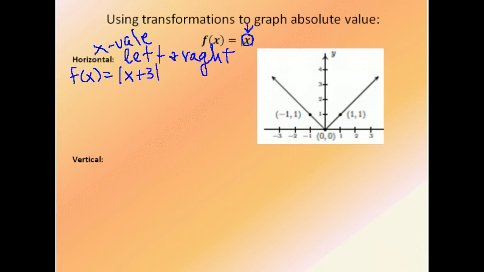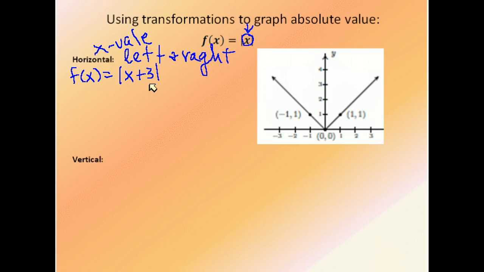If I have the absolute value of x plus 3, one thing I want you to remember is because of the solutions and solving for things, anything that happens inside here is opposite of what we would think. When we graph a point, plus 3 means we go to the right. What it's actually going to do to the graph is move it to the left 3.